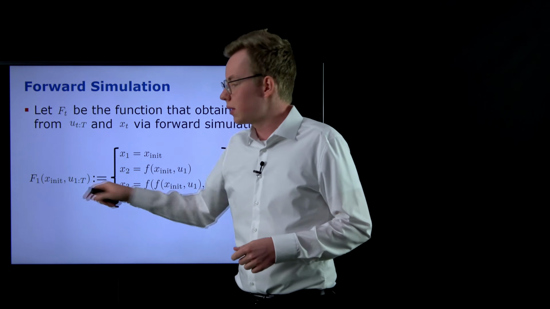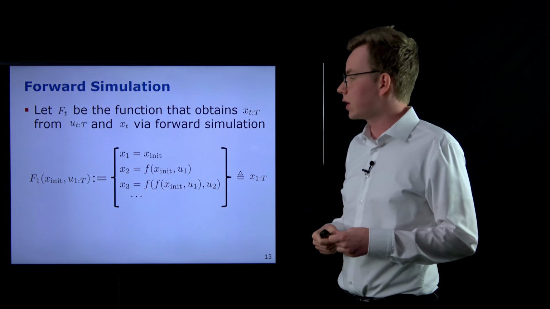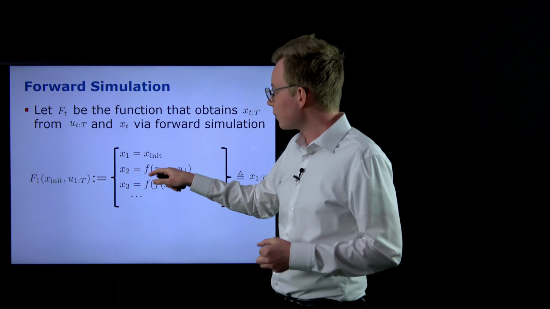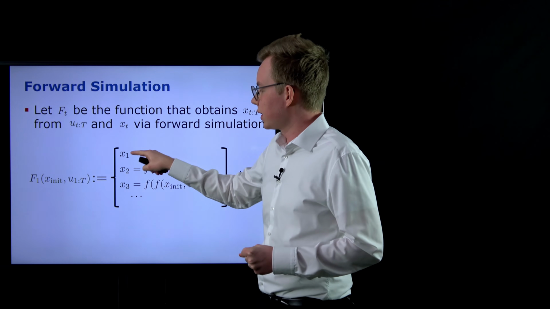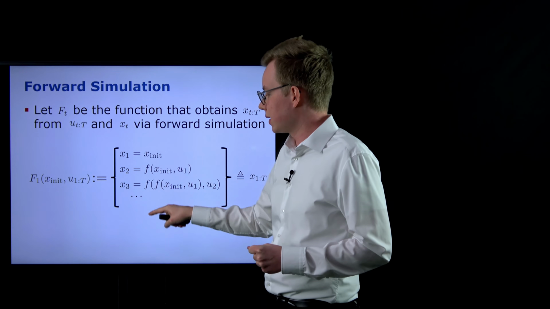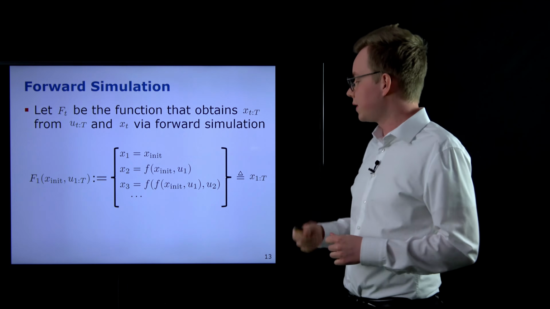And so f1 is, for example, this forward simulation function starting from the initial state, so from x1, and that's just the thing that we've seen on the previous slide.